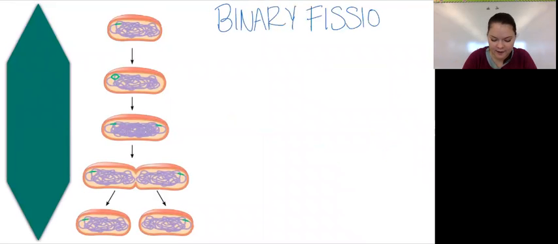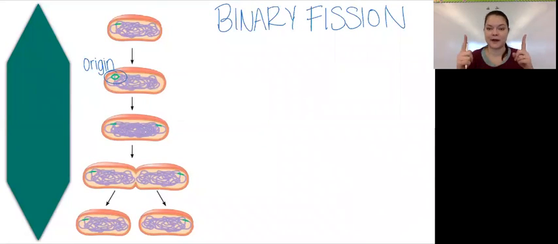And because of how simple these prokaryotes are, their cell division can be hecka simple as well. So it starts with what is called the origin. And that is a little part of the DNA of their chromosome that starts to separate so that new nucleotides can be added and the DNA can replicate.